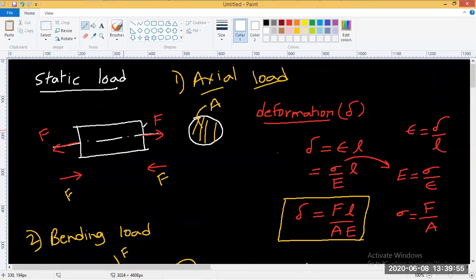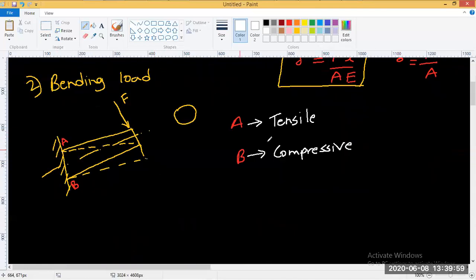In that case you either had tensile or compressive, but here both are happening for one single direction of force application. So this condition is called bending. When you have both tensile stress and compressive stress acting, you call it a bending force.